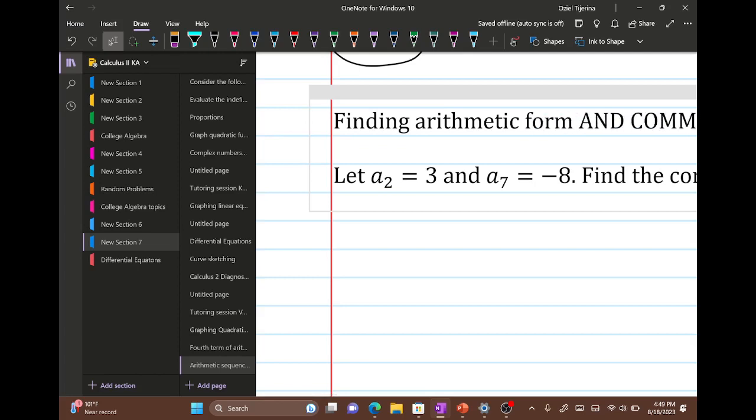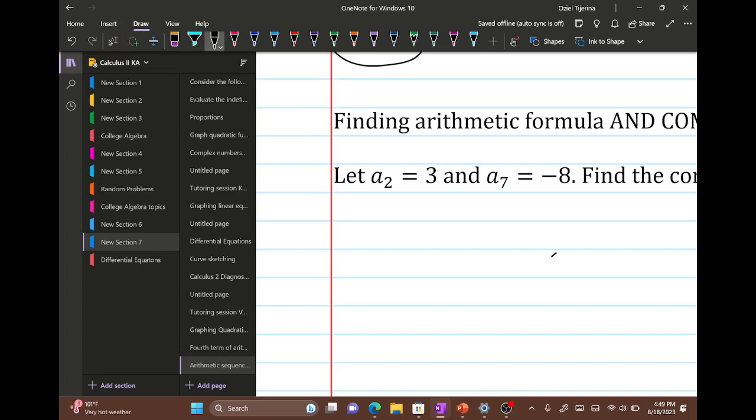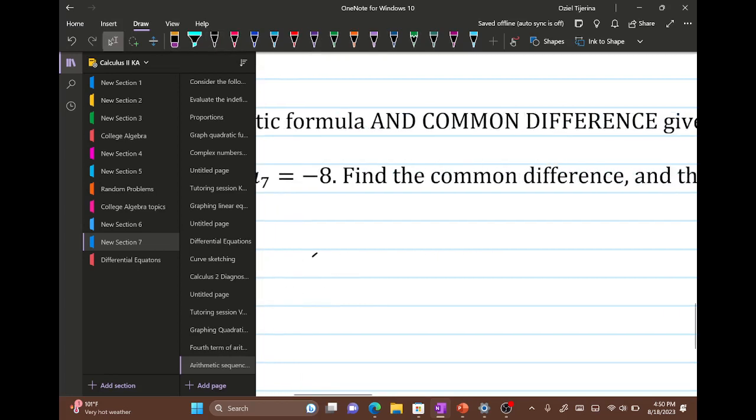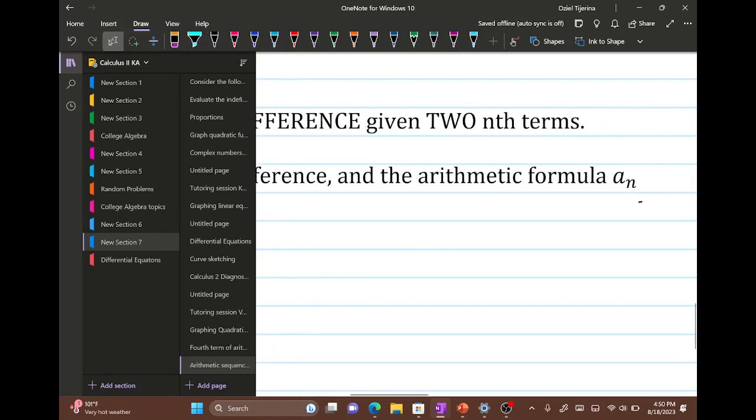So we know that a sub 2 is equal to 3, and a sub 7 is equal to -8. We want to find the common difference and the arithmetic formula.